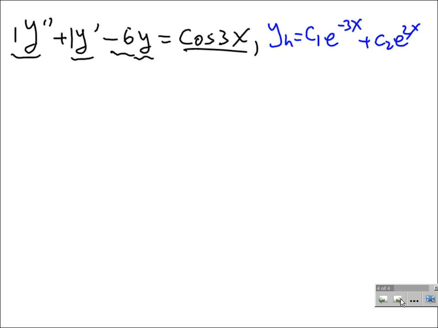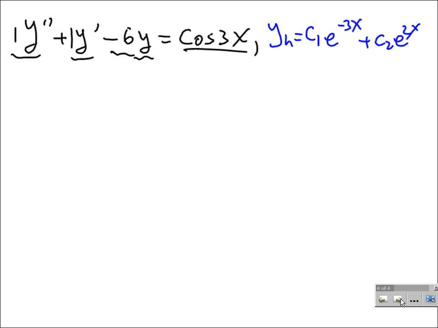Remember, if you take the derivative of sine of 3x, you get cosine of 3x. You take the derivative of cosine of 3x, you'll get a multiple of sine of 3x, so negative 3 sine 3x.